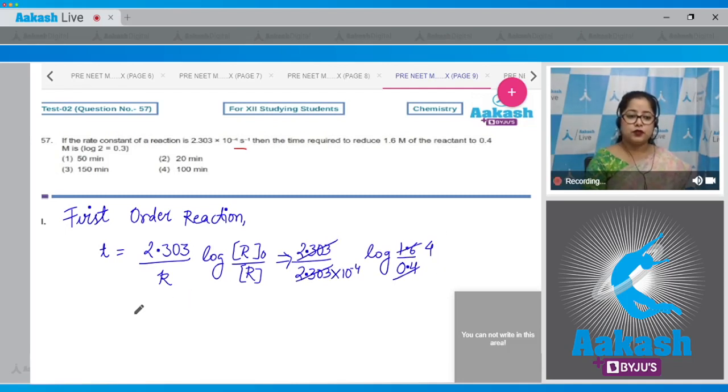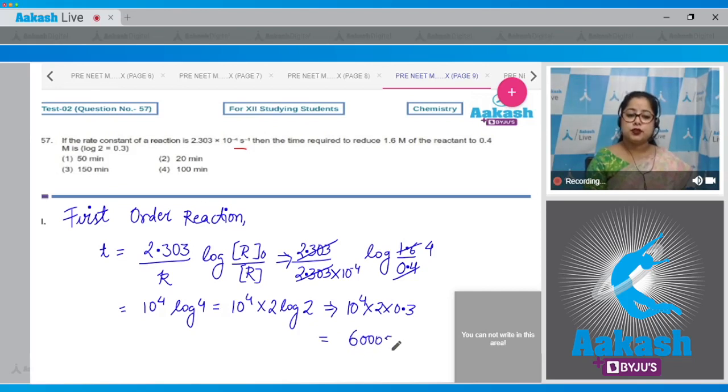So let's solve the equation further. 10^4 log 4. Now student, this is equal to 10^4 multiplied by 2 log 2. The value of log 2 is already given, which is equal to 10^4 × 2 × 0.3, which is equal to 6,000 seconds.